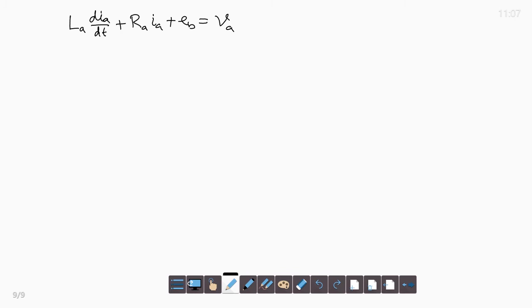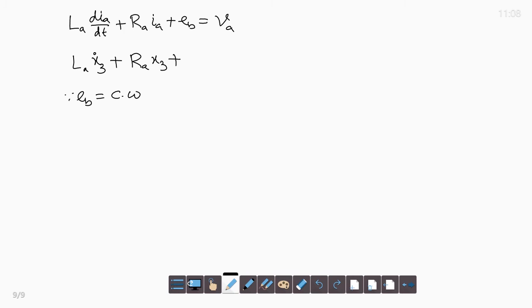So we have LA times x3 dot plus RA times x3 plus EB, which is C into omega. C is the same proportionality constant which is there in the torque equation.